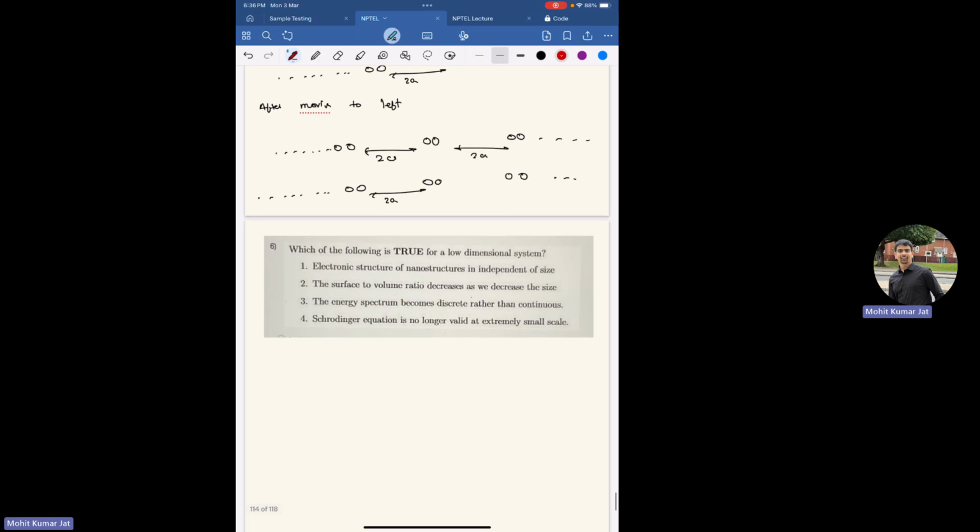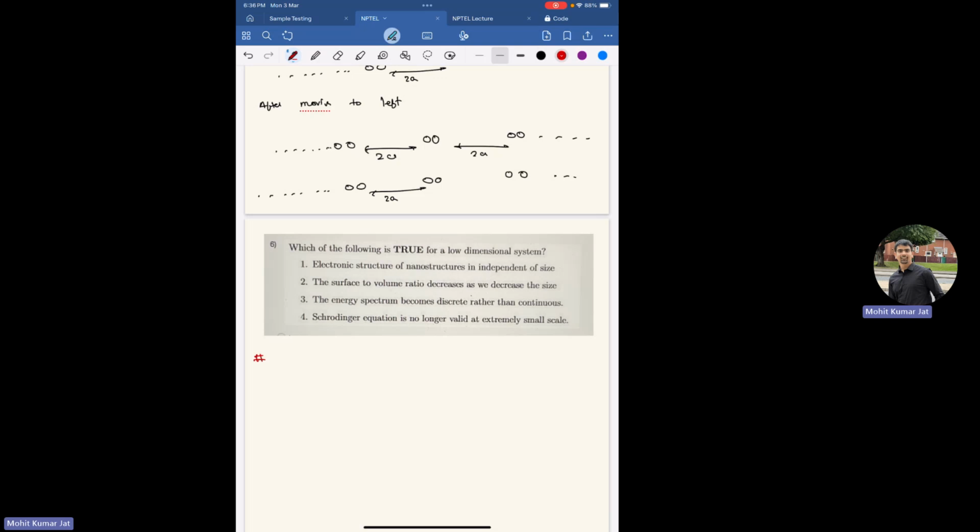Now, moving on to problem number 6: which of the following is true for a low-dimensional system? Electronic structure of nanostructure is independent of size. See, it depends. Electronic structure depends on the lattice spacing.